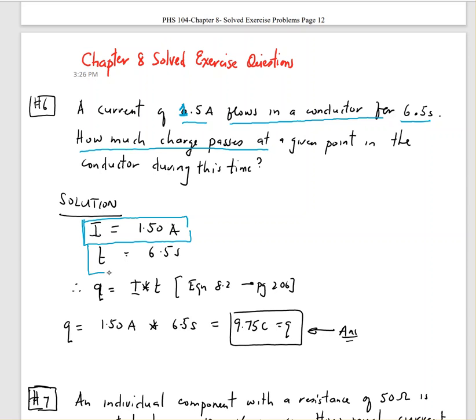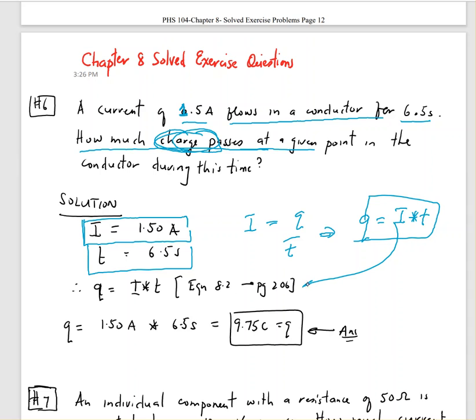They gave us a time, and they're asking us how much charge passes at a given point. So we can rearrange I equals Q divided by T. We can rearrange this formula to where Q, the charge, equals I times T. And that's what you typically see right here. Then we can find what our Q is, which is a charge.